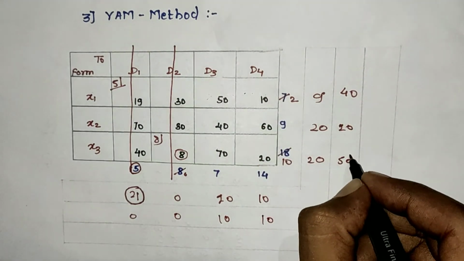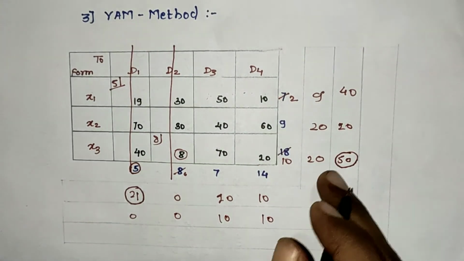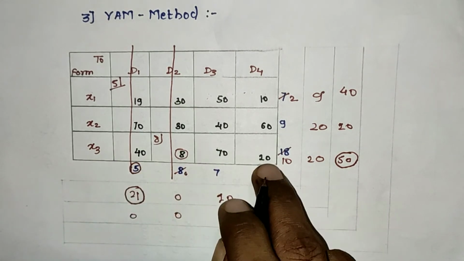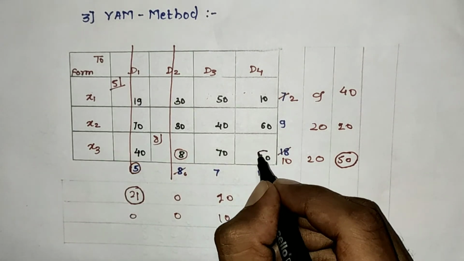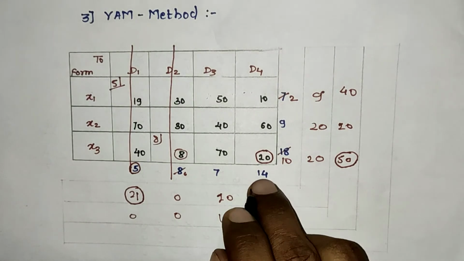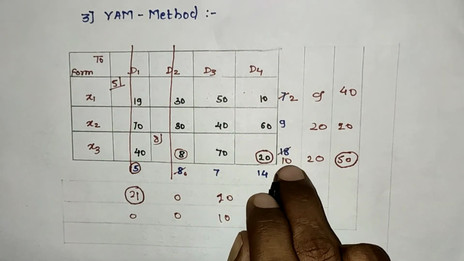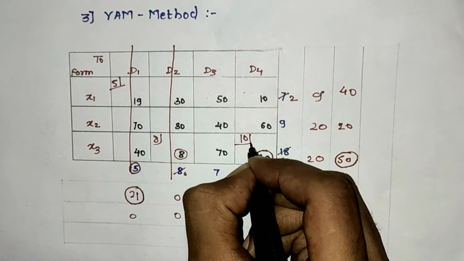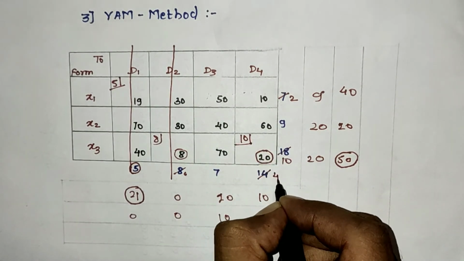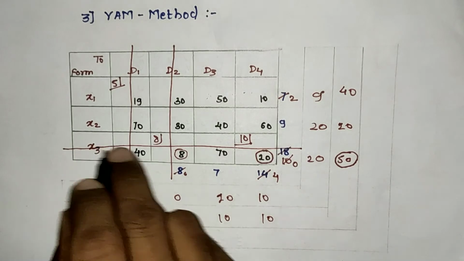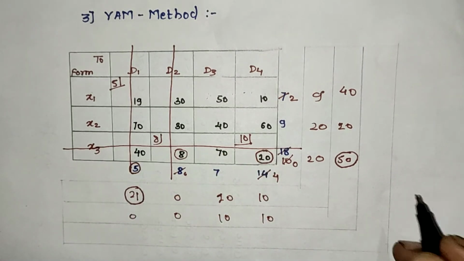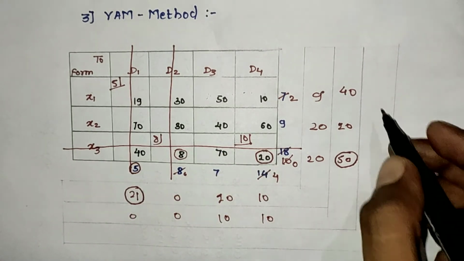Now again the highest penalty is 50. From this particular row select the lowest cost, which is 20. The demand for the lowest cost is 14, and the supplier can supply only 10 units, so we supply 10 units here, and the remaining one is 4. This row gets cancelled.